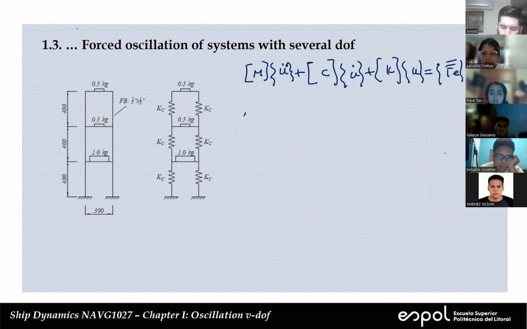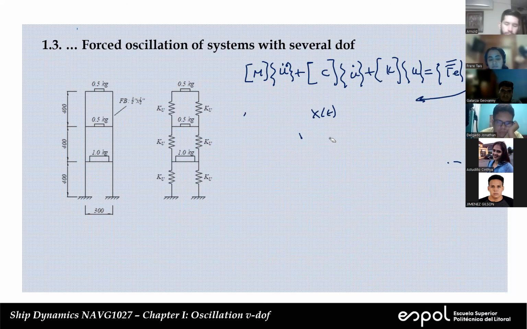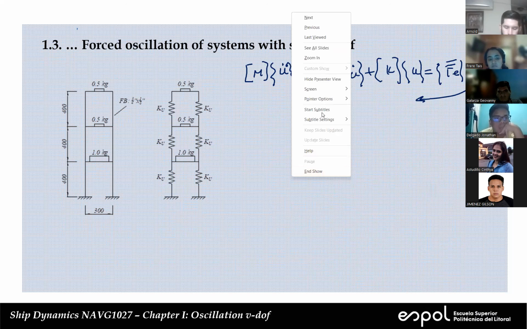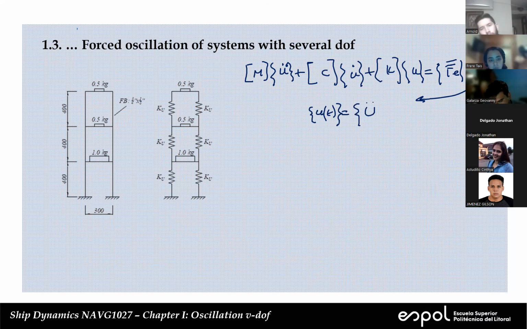And of course, if this is the excitation, e to the i omega t, then the solution is going to be U, a vector of amplitudes, which we do not know, times e to the i omega t.